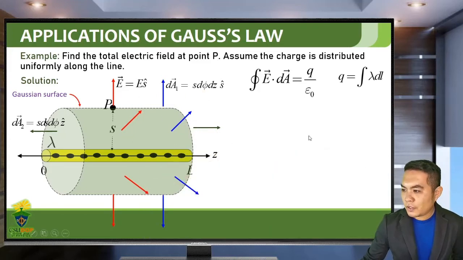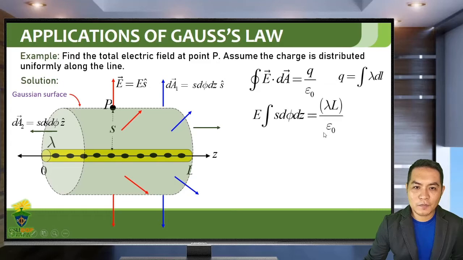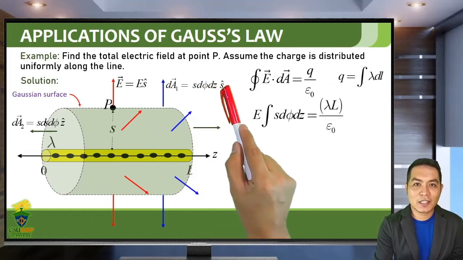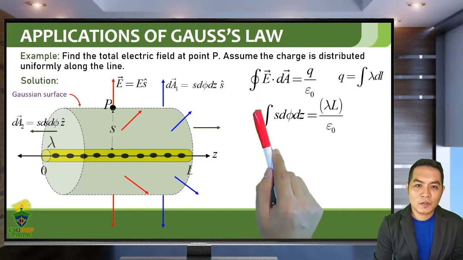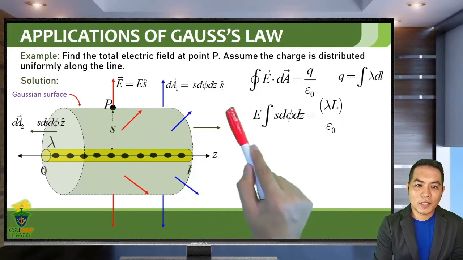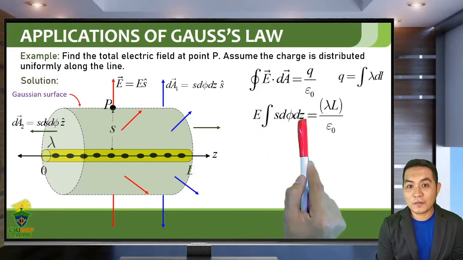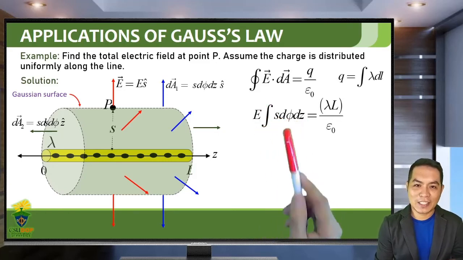So we substitute this and this in our Gauss law equation. So you will have S hat, which is just equal to 1. Since E is a constant, you can take it out of the integral and you are left with the integral of dA1, which is just S d phi dz.